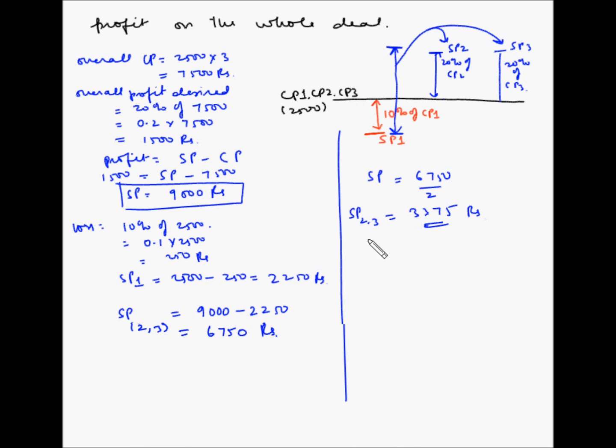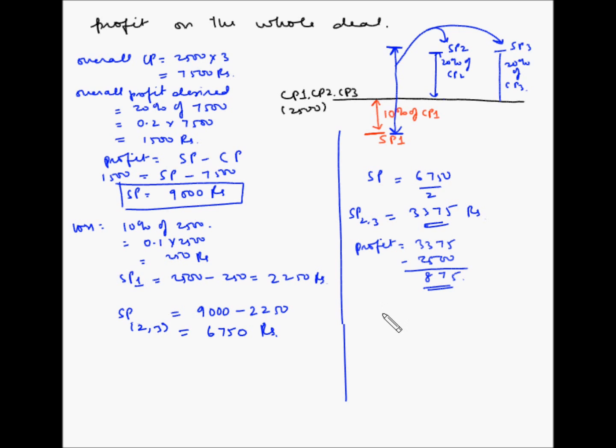So the profit will be 3375 minus 2500, which is the cost price. So this is 5, 7 and 33 minus 25 is 8. So 875 rupees is the profit on 2 and 875 is also the profit on item 3.